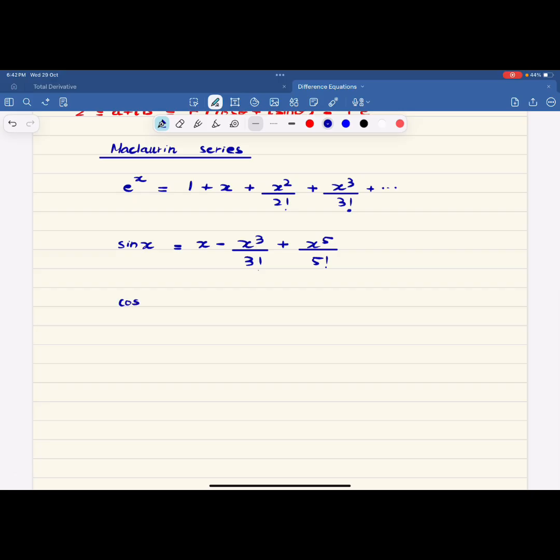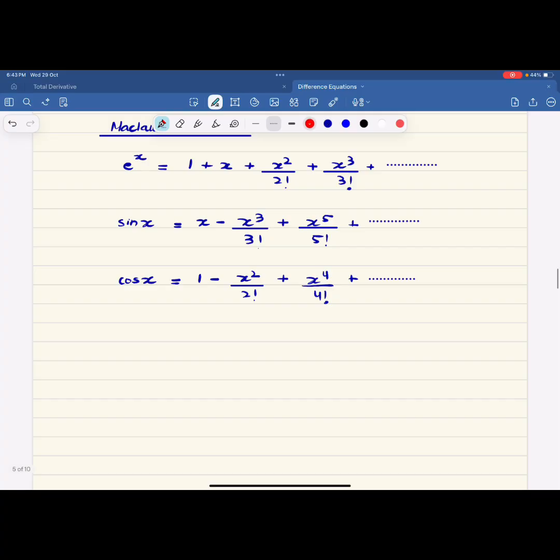And lastly, the Maclaurin series of cos x, the Taylor series around point 0, is 1 minus x squared over 2 factorial plus x to the 4 over 4 factorial, and this basically continues, and this also continues.